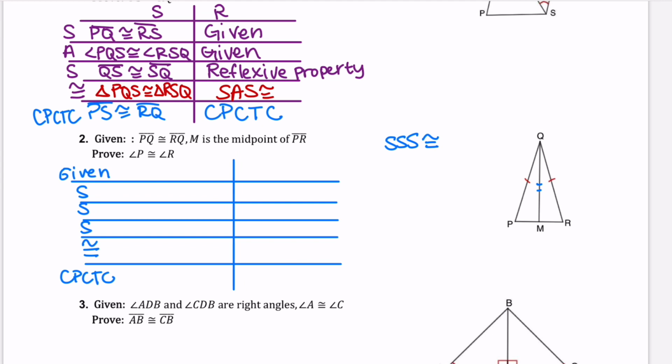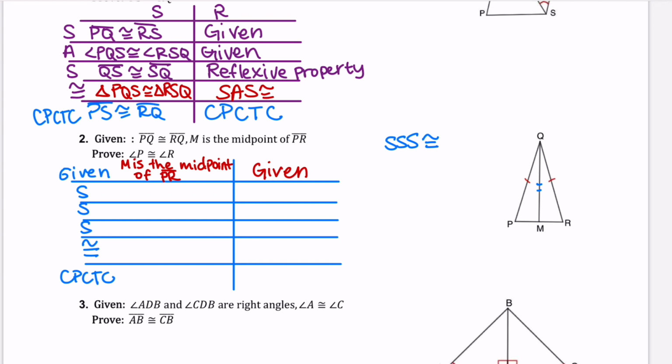And after we write down all of the reasons for side, side, side congruency, at the very end we'll do the CPCTC. Okay, so let's go ahead and write any extra information that's in the given. We want to use this first piece as one of the sides. So the only thing I'm going to write on that first line is M is the midpoint of PR.